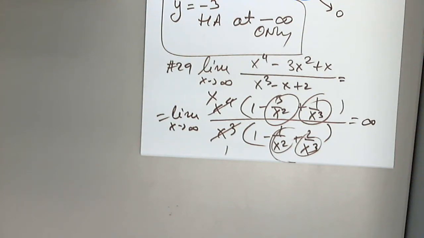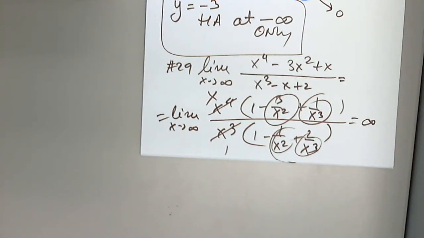Should it be just 1 over 1, which is just 1? X to the fourth over x to the third doesn't go away. There is an x left in there. This whole thing approaches 1, but you have an x, and 1 times infinity is infinity. But there is no horizontal asymptote here.